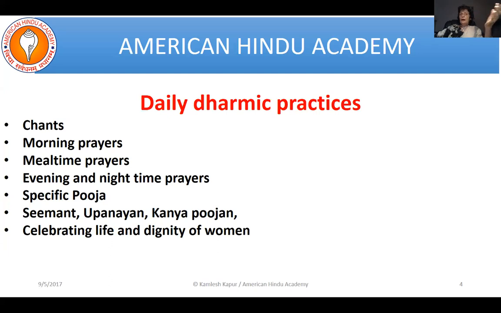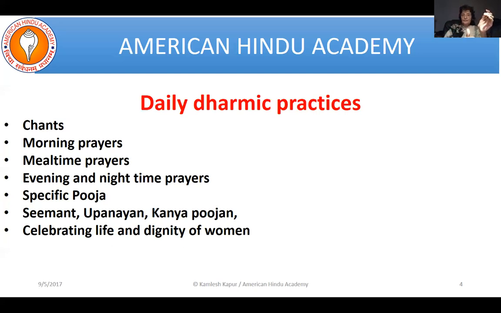Then there is Simant, after the seventh month in the pregnancy. When seven months are over, it is considered that now the child, if born, will be able to survive. So it is called Simant, which means now the woman's first priority from now on will be towards the welfare of the child and not anything else. So this one type of life is over.